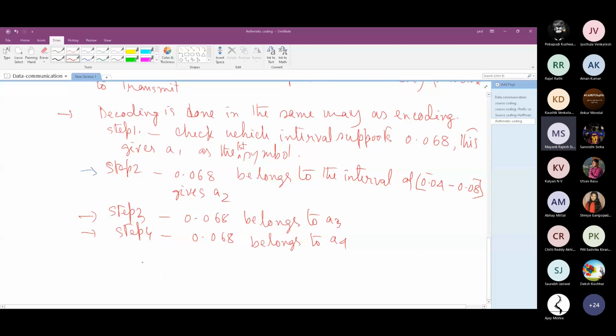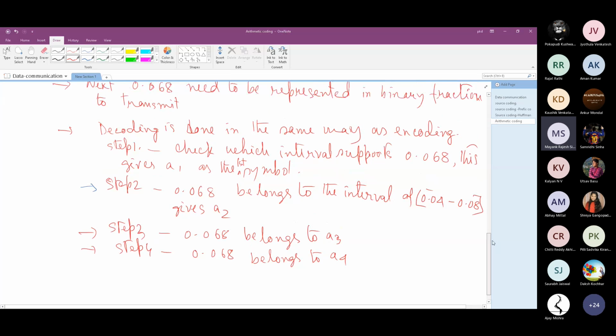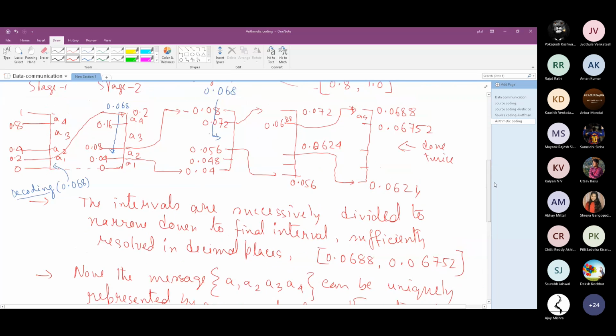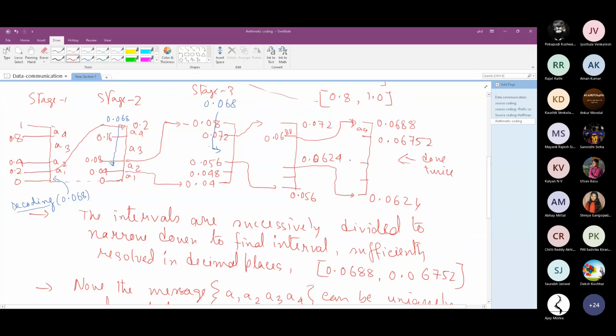But in this, why did we exactly do the expanding for A3 twice? Because even if we had done it once, we would have found out, right? To find a unique decimal number. So that's why the name is arithmetic coding.